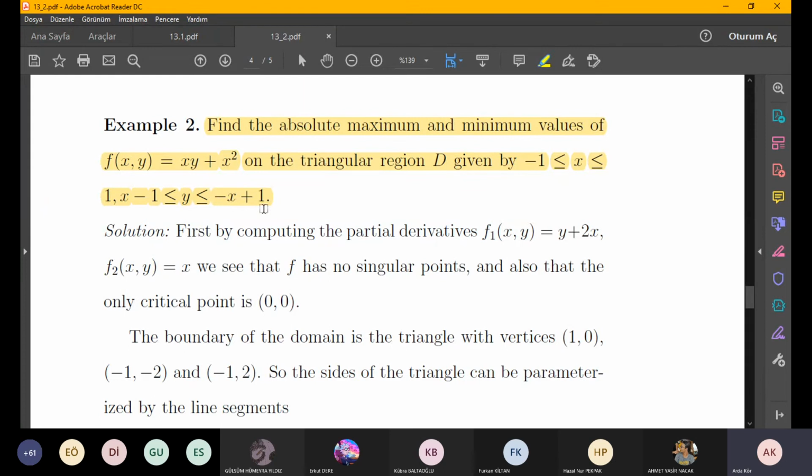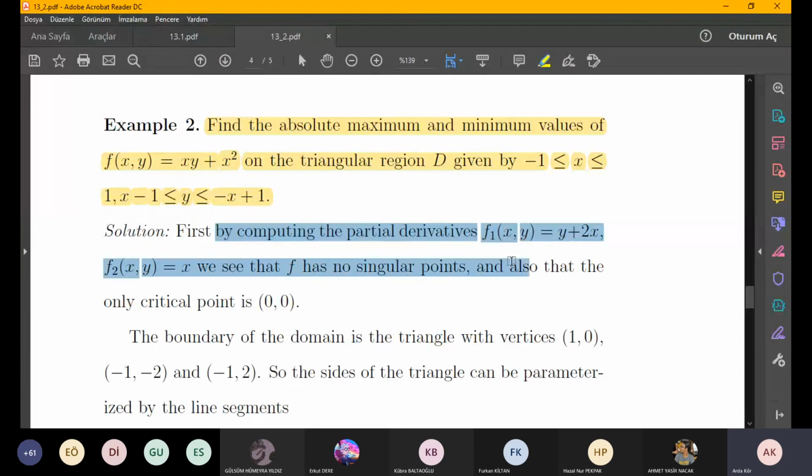We will have the same steps that we saw in the above example. By computing the gradient vector, we need to find the singular points and critical points. As you can see, it has no singular points, but it has critical points.